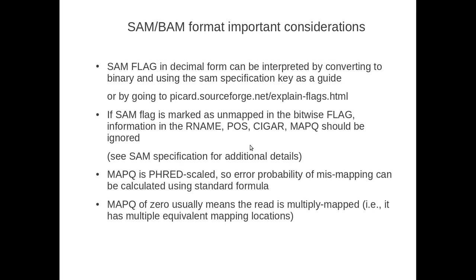I don't expect you for this class to be able to convert decimal to binary. If that seems a bit cryptic, or you don't have any computer science background, perhaps you can go to this particular website to explain these bitwise SAM flags for you.